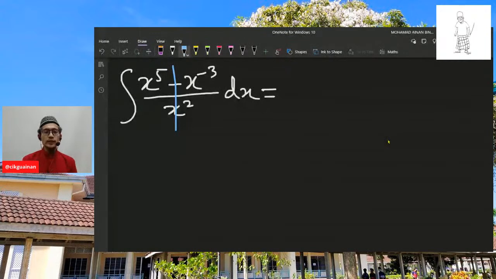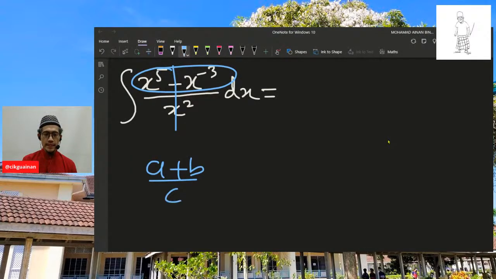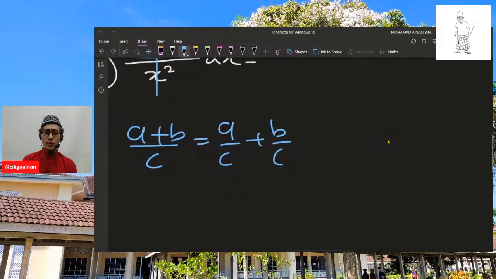Why? Because we have plus or minus on the numerator over here. Numerator, something on top. Like A plus B over C equals A over C plus B over C. If it's another way around, for example, A over C plus B is not.